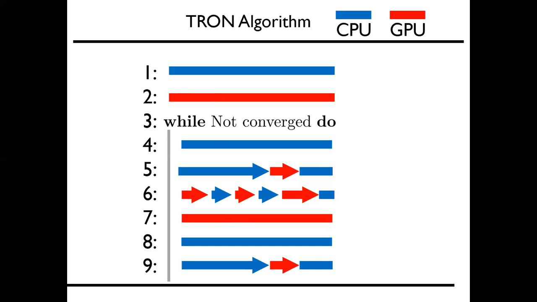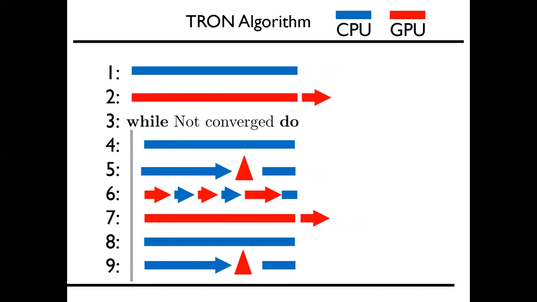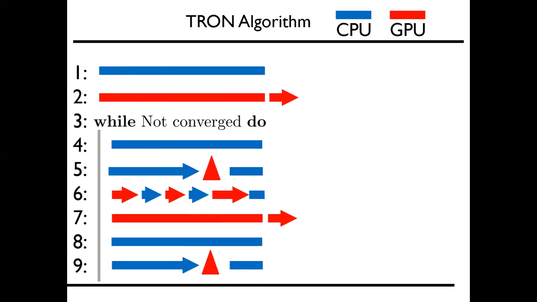Another step that we can do is compute dependent quantities as early as possible and transfer them back to the CPU, syncing just before they're needed. Sync is meant to be represented as these triangles. These sets of operations accomplish several things all at once.